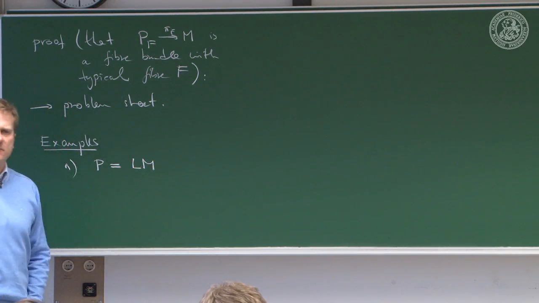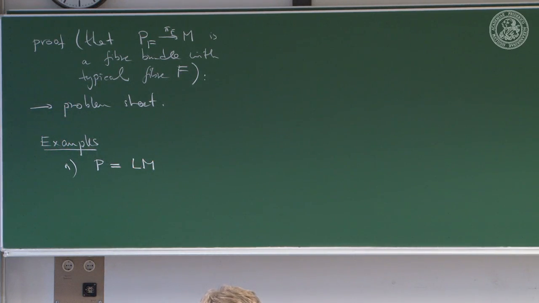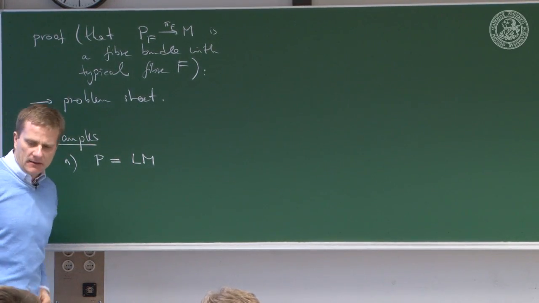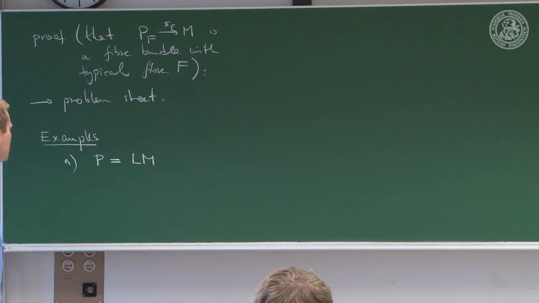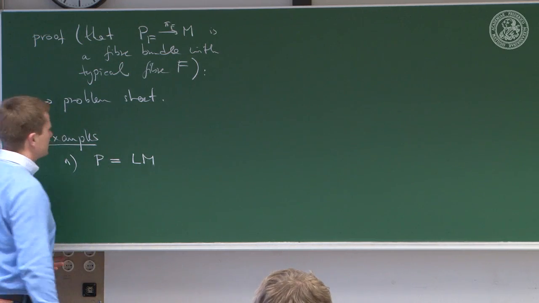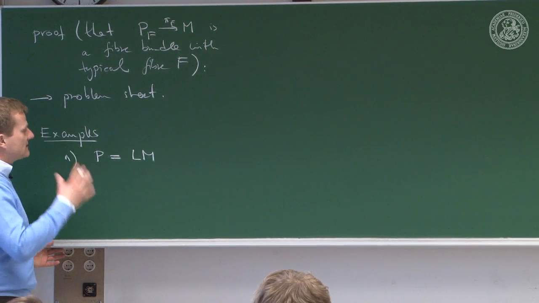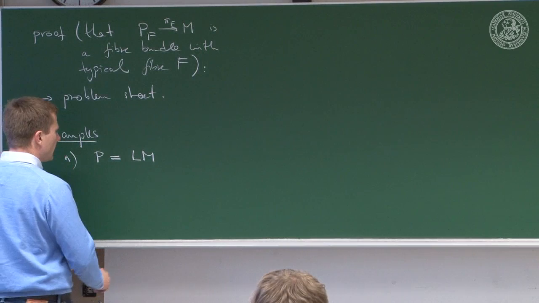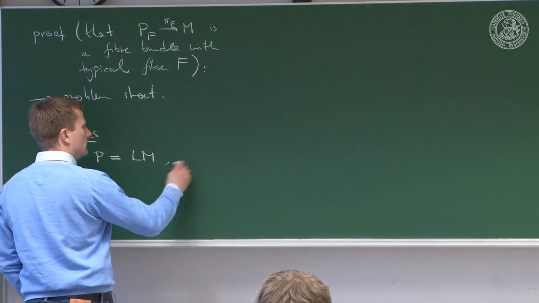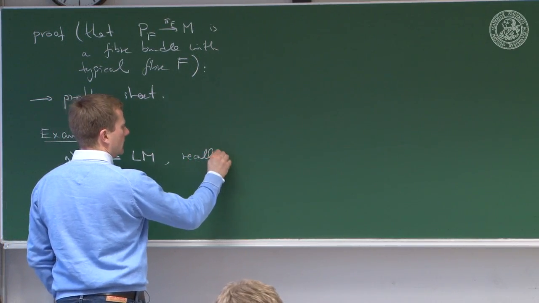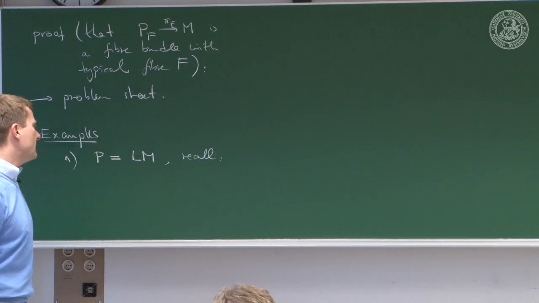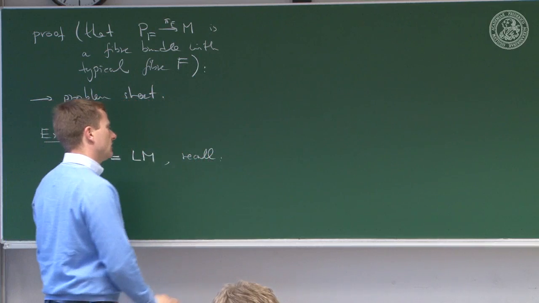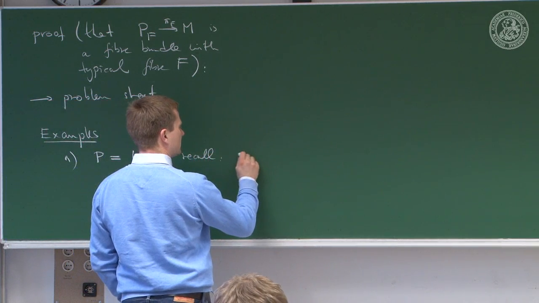You remember LM was the frame bundle: at every point of the manifold you look at a basis of the tangent space, and all bases together make up the fiber, that's the frame bundle. Okay. Now we recall that if you have the fiber bundle, then of course you have your projection map of the fiber bundle and so on, and you have a right action.